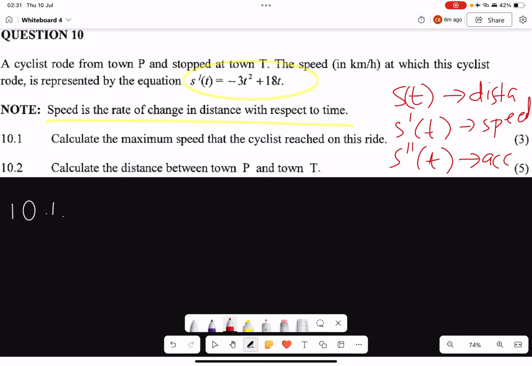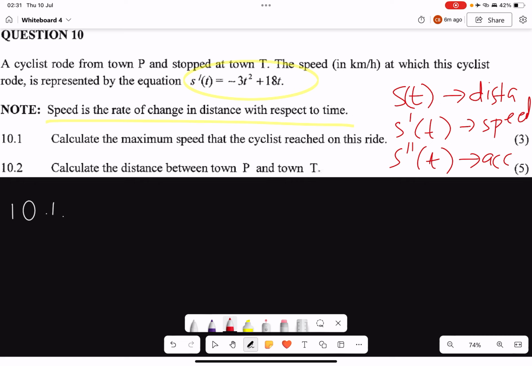Now 10.1, they want us to calculate the maximum speed the cyclist reached. With this question, I need to be clear, and I won't rush it because many learners get confused here. To calculate the maximum speed, we need to set the acceleration to 0, and I'm going to explain why.